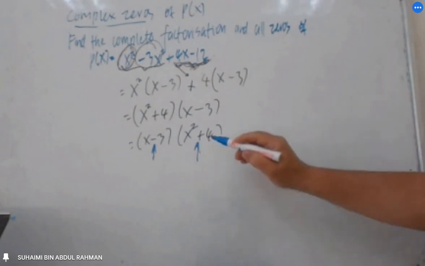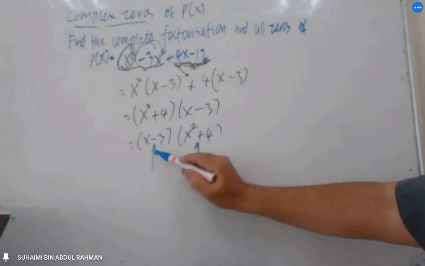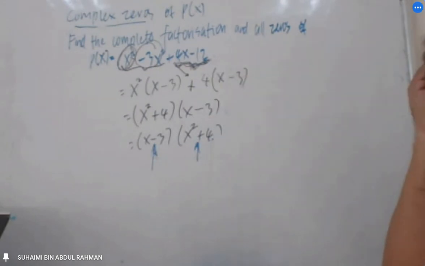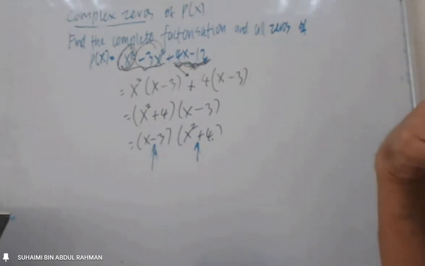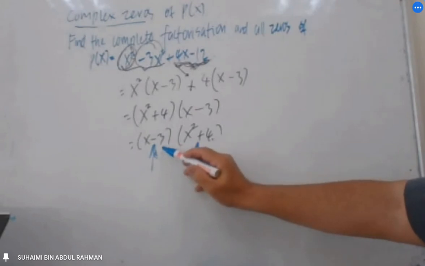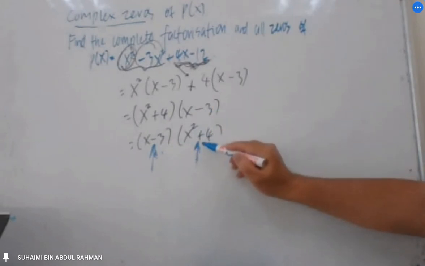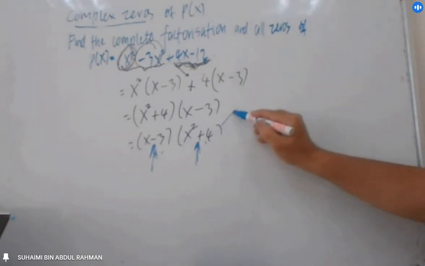From here, definitely real. One real or not? From here, real. From here, complex.